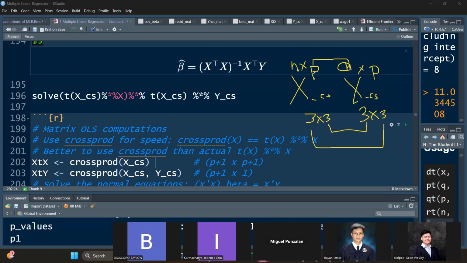They're different, so it cannot be multiplied. That's why you have to get the transpose of the first matrix in order for this to be multiplicable. So this becomes p by n. You're getting the transpose of this. So this is multiplicable, p by n times n by p. The resulting matrix is p by p.